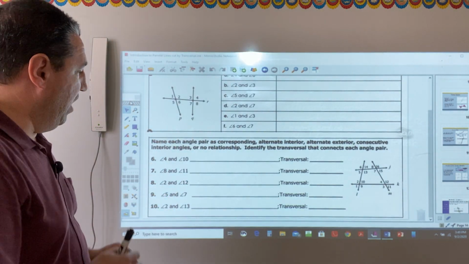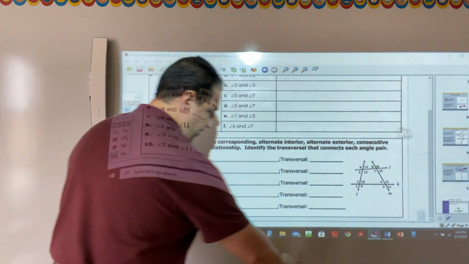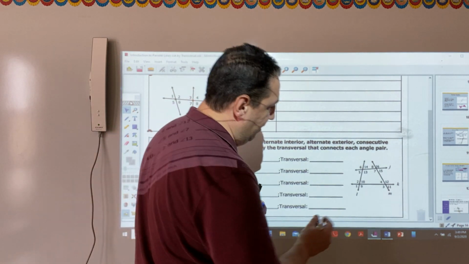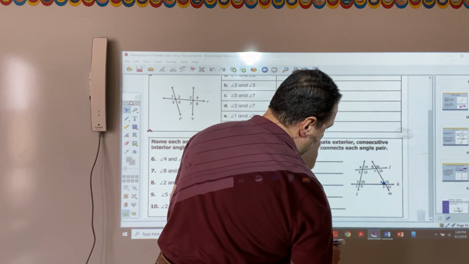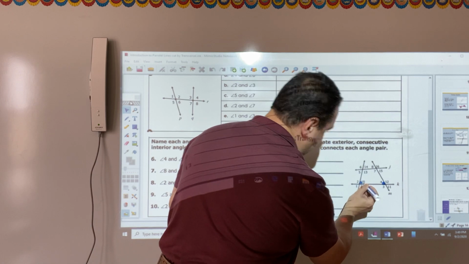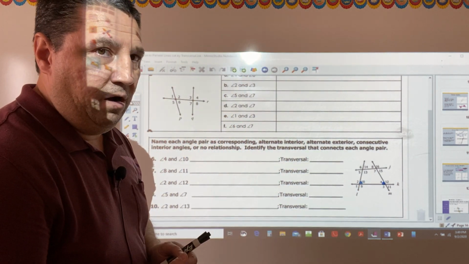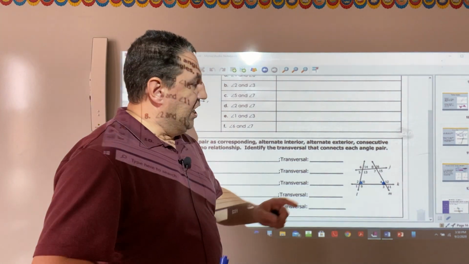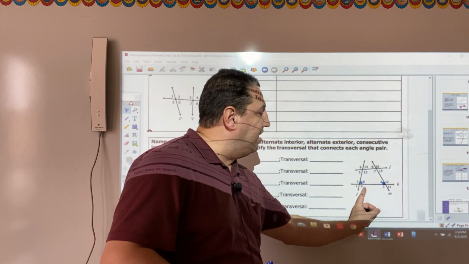Now, as we can see, we have angles 4 and 10. So let's mark angles 4 and 10. So this is 4 and this is 10. Now, these two angles are formed by these two lines that are cut by the transversal.